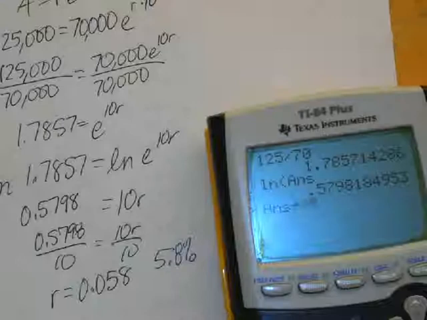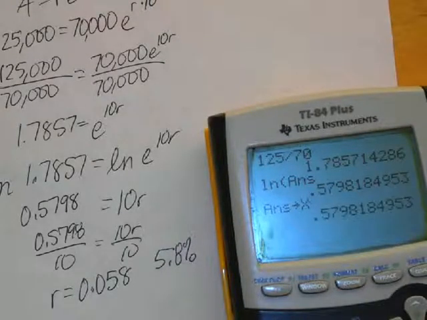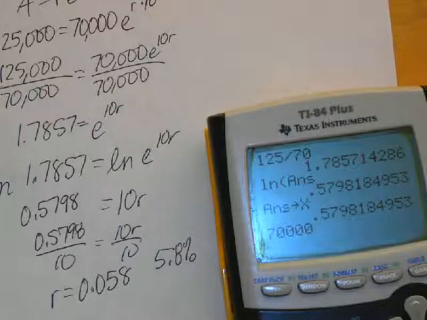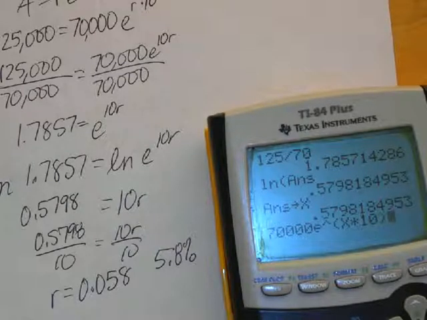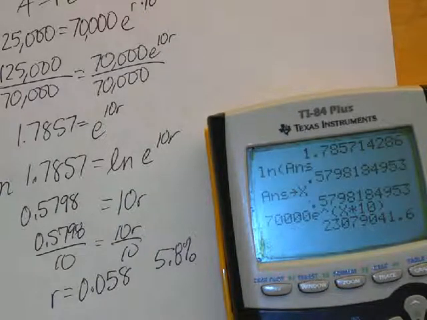So let's check our solution. We'll store that into x, 70,000 times e to the rt, and hopefully we get 125,000, and we didn't.